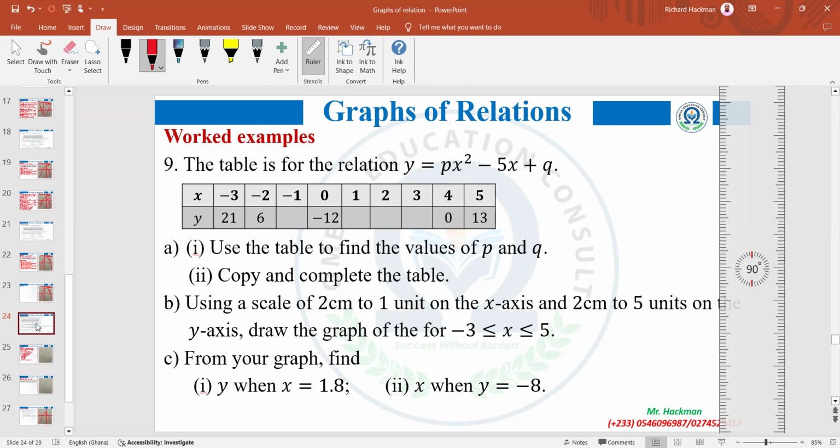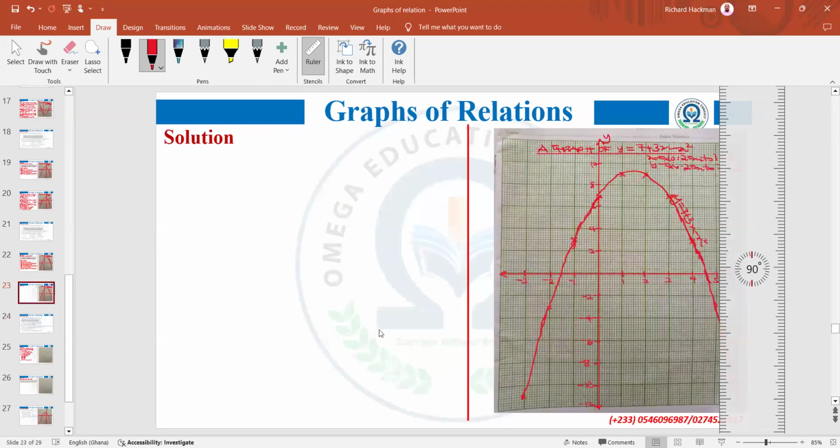Assuming this is my graph, x is equal to 1.8. This is 2, so 1.8 will be somewhere here. I draw my line, s is equal to 1.8. Where it meets the curve, I get the reading as my values for x. Is that clear?